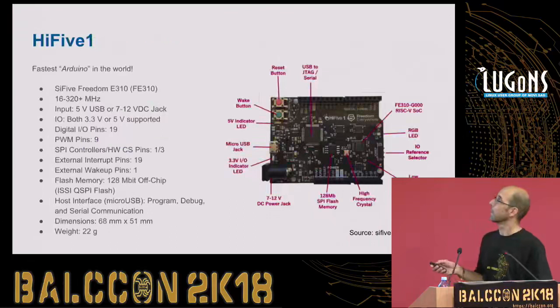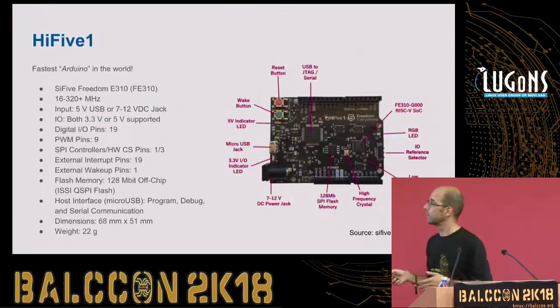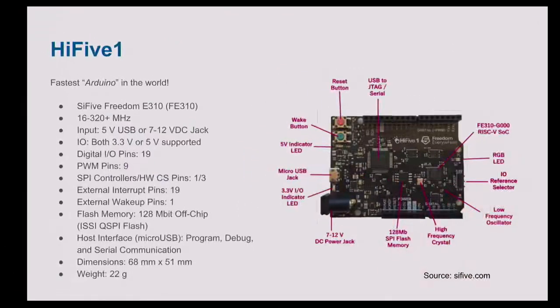But what does HiFive do besides being Arduino compatible? Well, it has large number of pins, it has a slightly larger flash memory, and it is, as I said, a lot faster.